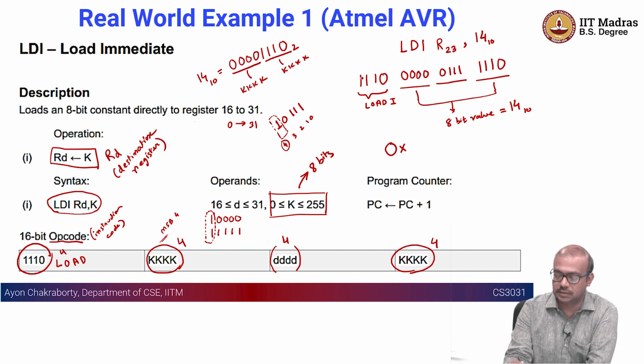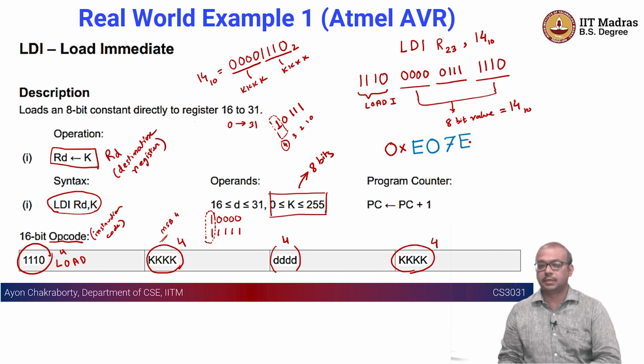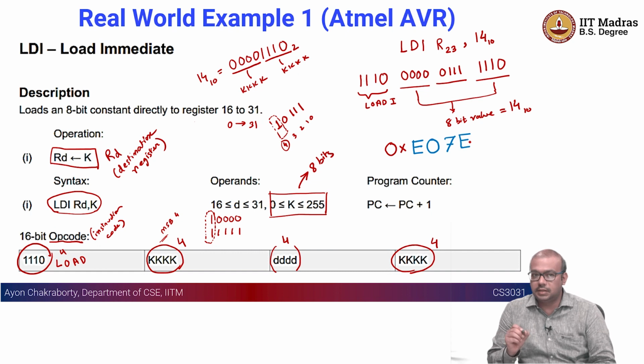So right, so this is E. If you see 1 1 1 0, so this is 14, right? So this is E. Then there is a 0, right? Then there is a 7. Then there is an E again. Okay, so if you write E07E, the processor is going to load the value of decimal 14 to register 23.